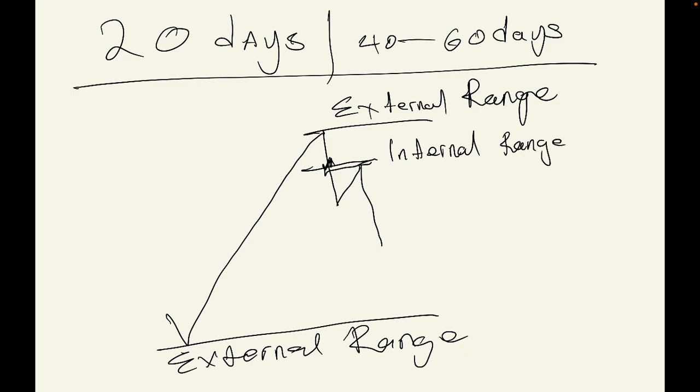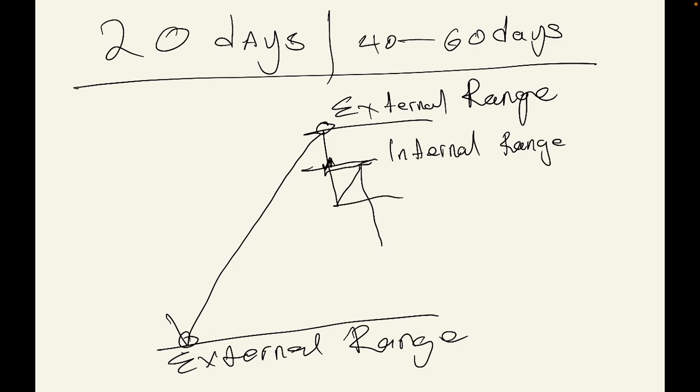So any liquidity that is within this area that you have defined as your range, anything within it is gonna be internal range, and anything outside it is gonna be external range. You can see below this low we find external range liquidity, and above this high we find external range liquidity.